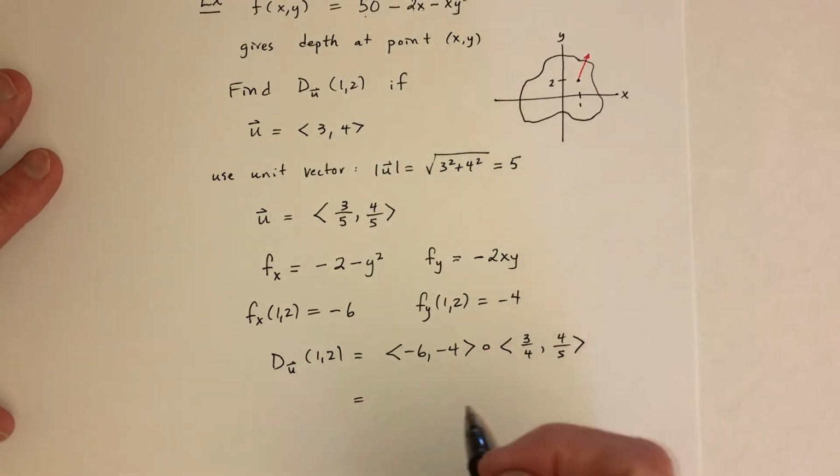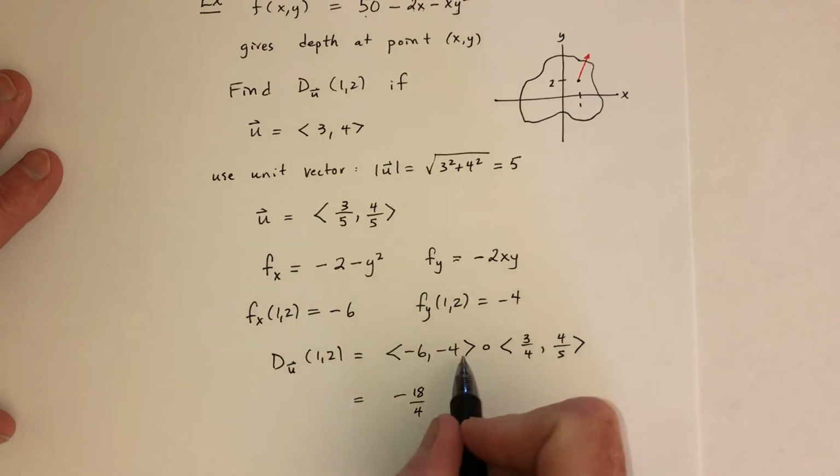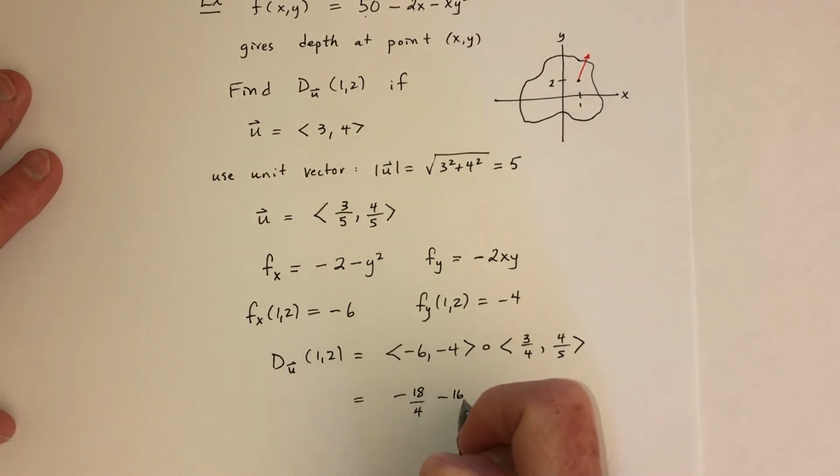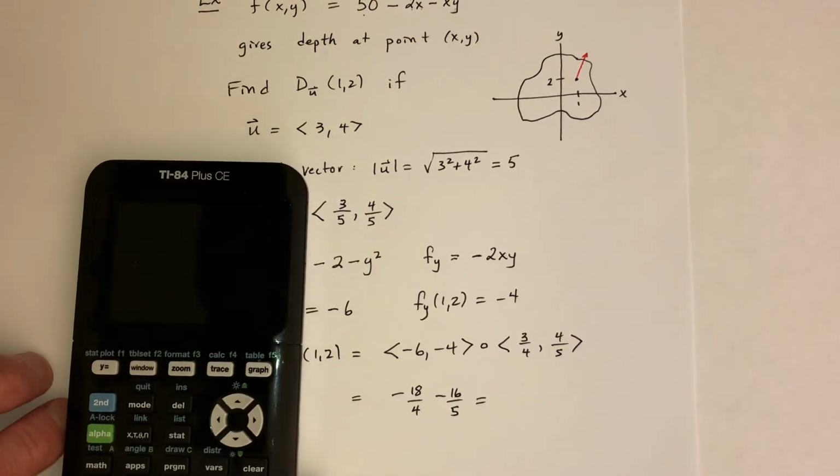So this is going to be, let's see, -6 times 3, so -18/5. And then 4 times 4, that'll be -16/5. And how much is that?